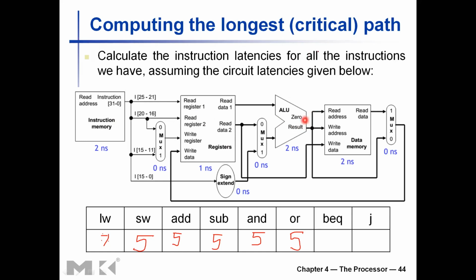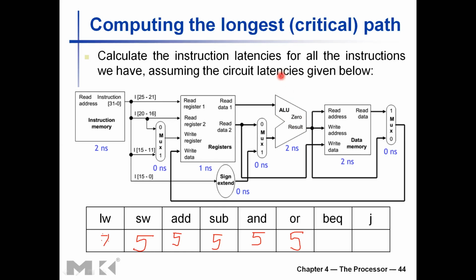And that zero result value goes into the AND gate along with a certain control signal to decide whether you need to take the output of another adder which computed the branch target or the regular PC plus 4 value, right? So that second adder can happen in parallel to what this ALU is doing. While the ALU is doing the subtract operation, the other adder can perform the branch target computation.